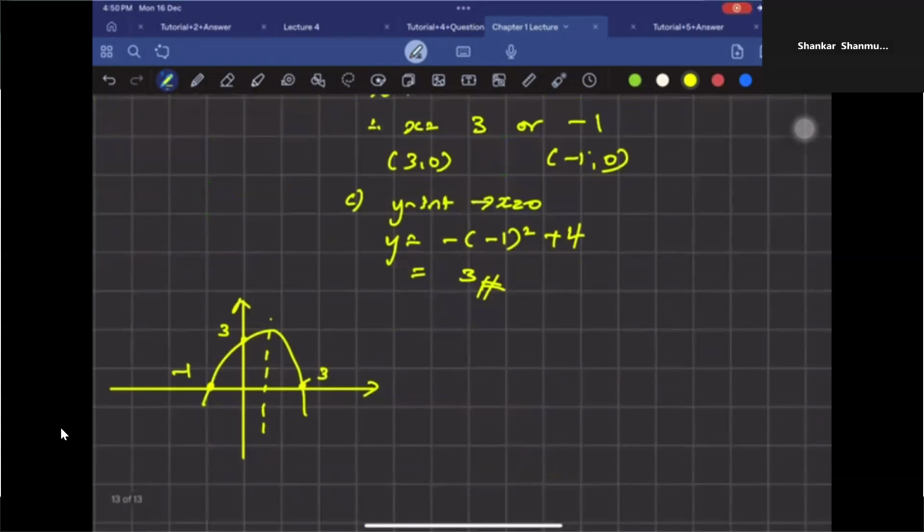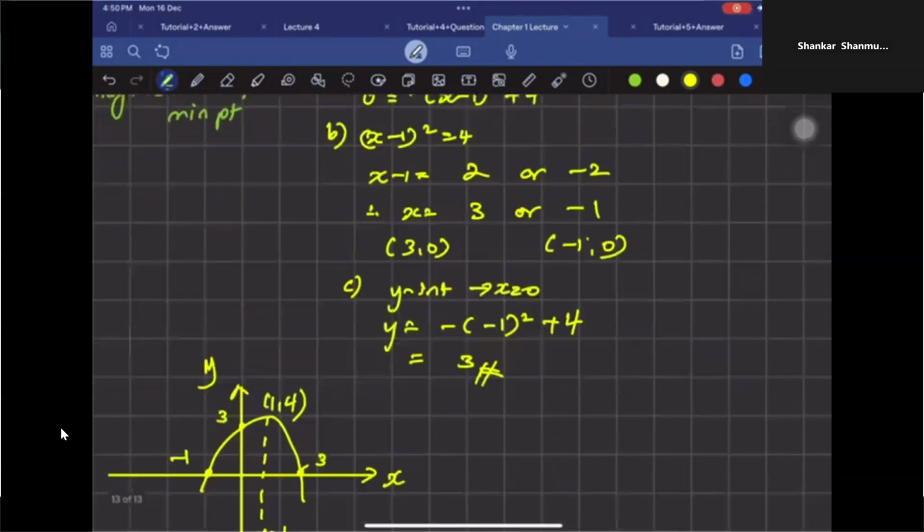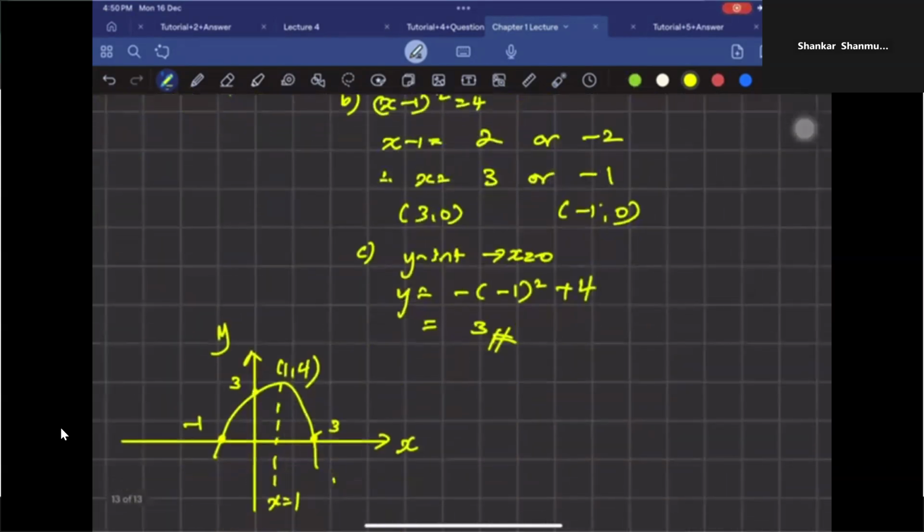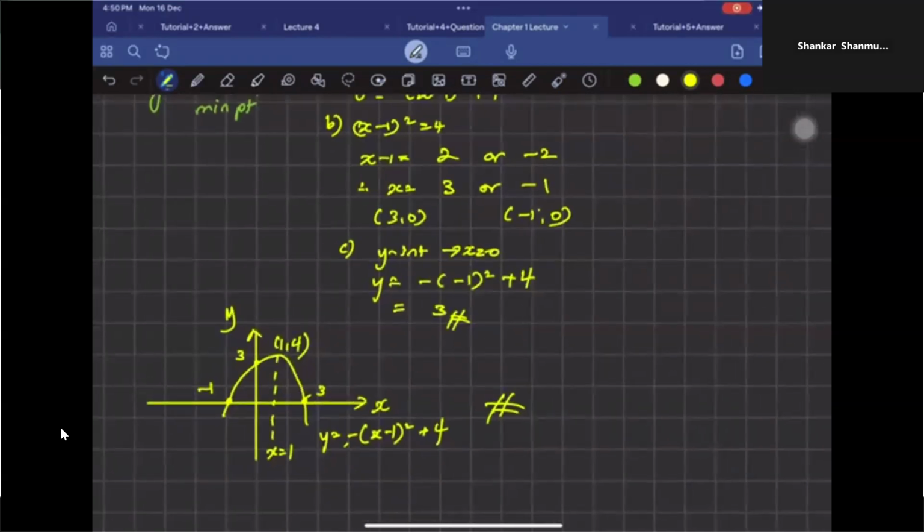And this happens at 1 comma 4, x is equals to 1. Then label the equation of your graph, which is y equals to negative x minus 1 square plus 4. That's it. So this is how you do some graph sketching, and then we'll do more practice during our lesson.